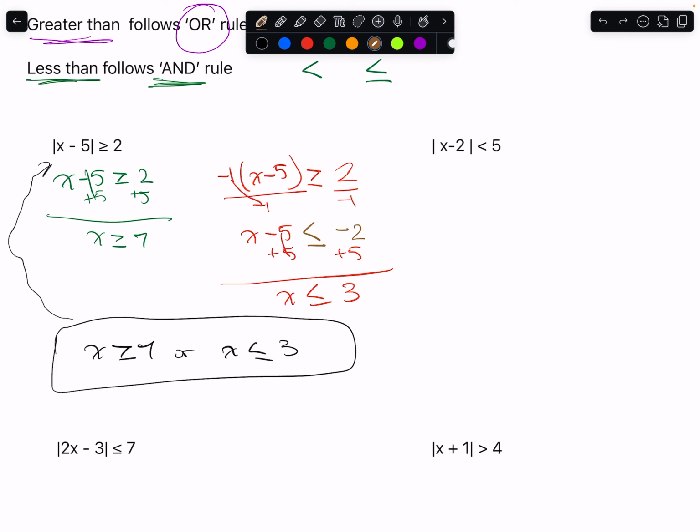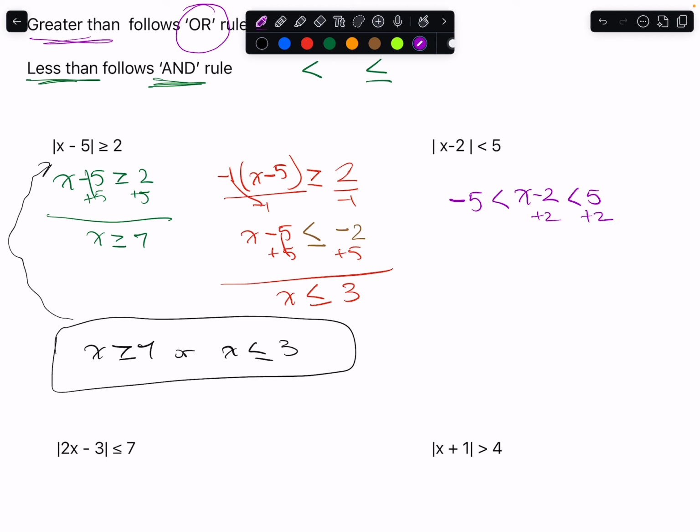So what we do, we drop the absolute value and we include the negative, which I will show you in magenta. X minus 2. On one end, you have here your 5. On the other hand here, you have your -5. And x will fall in between these two values.